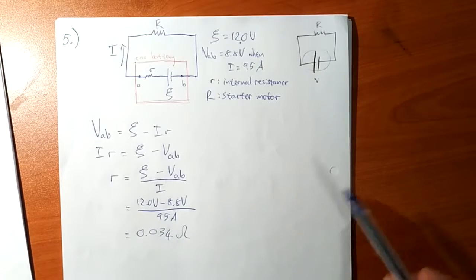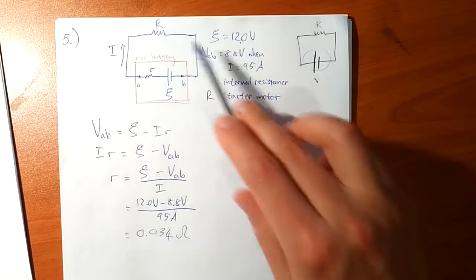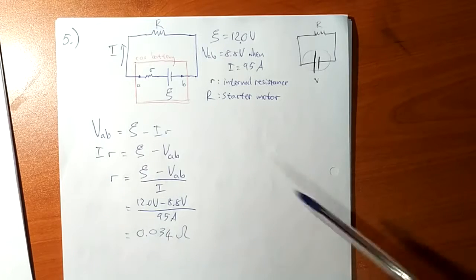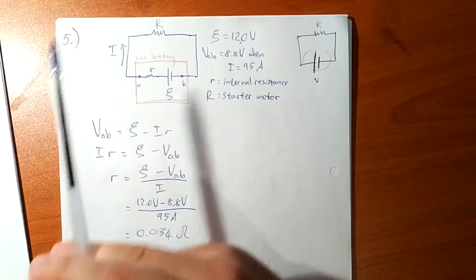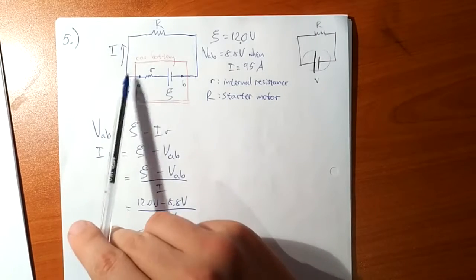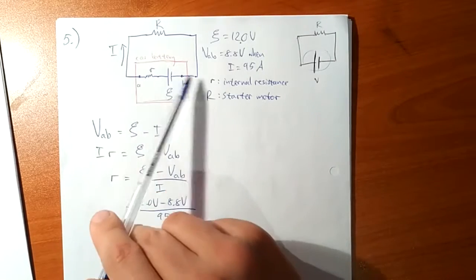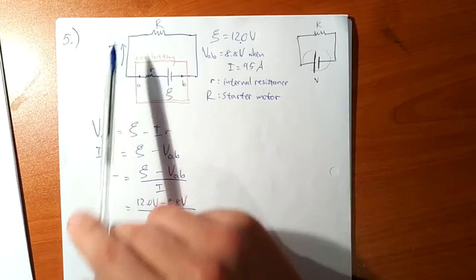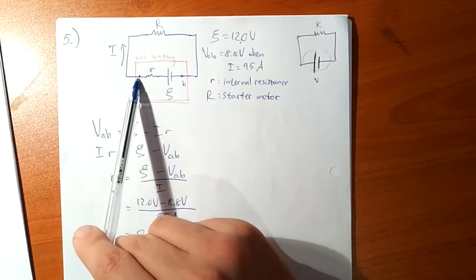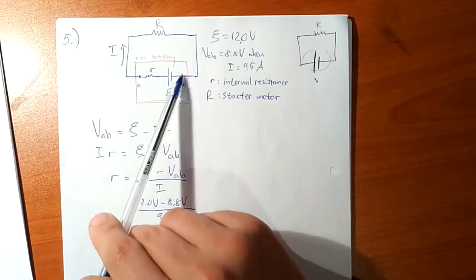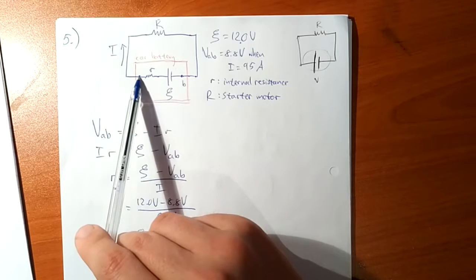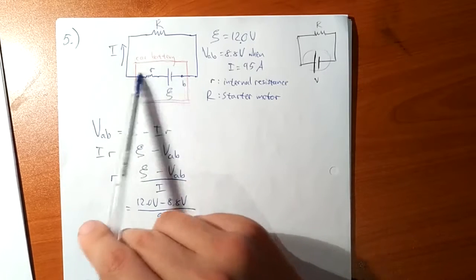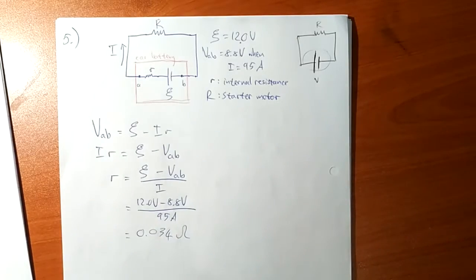Now the question also asks for the resistance of the starter, so the value of R. This is again as was explained, I believe, in the first question. When we draw a diagram like this, we consider these conductors to be perfect, so the voltage here would be the same as the voltage there, and the voltage here would be the same as the voltage there. That means the potential difference over these 2 points would be the same as over those 2 points.